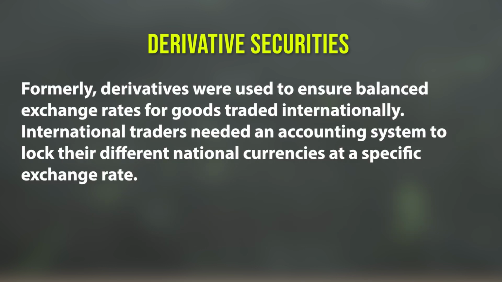Formerly, derivatives were used to ensure balanced exchange rates for goods traded internationally. International traders needed an accounting system to lock their different national currencies at specific exchange rates.